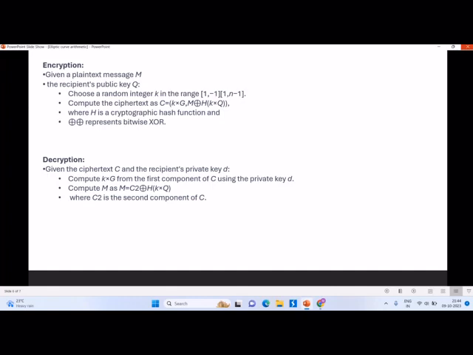Coming to the decryption, it is the opposite of encryption. Given the ciphertext C and the recipient private key d, we compute kG from the first component of C using the private key d. Then compute M equals C2 XOR H of kQ, where C2 is the second component of the ciphertext.